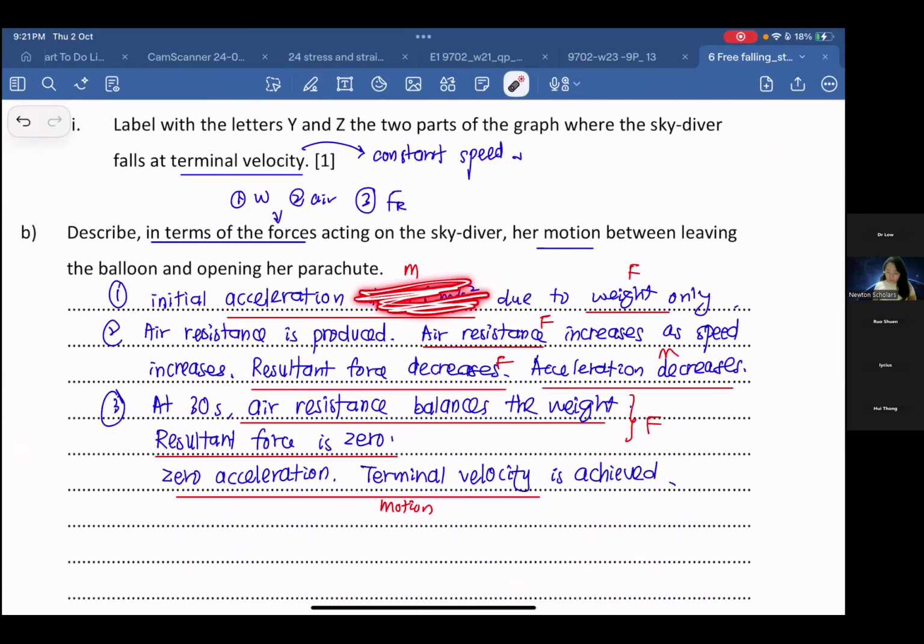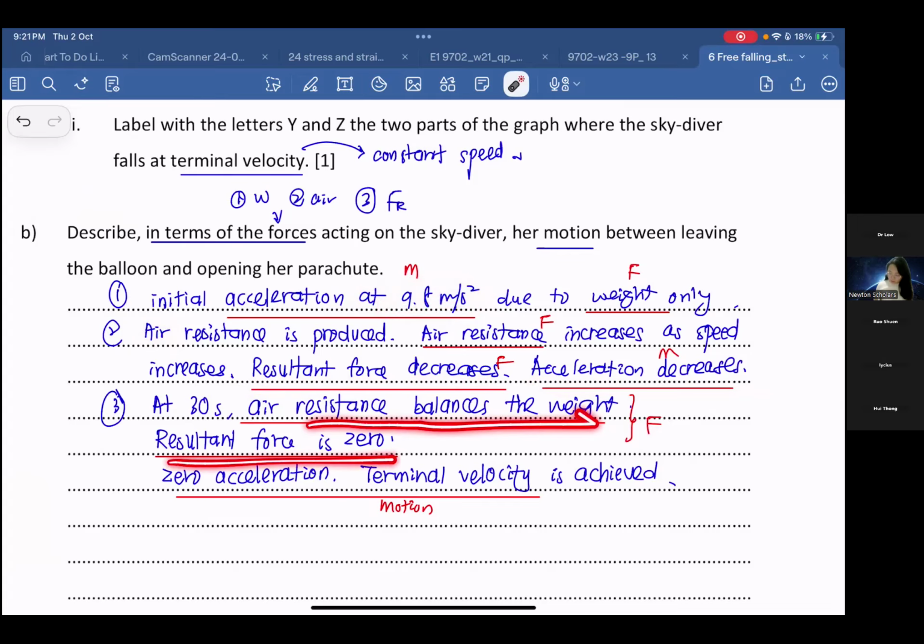Then after that, you don't say air resistance, you say resistance due to the liquid is produced. And the resistance increases as the speed increases. Resultant force decreases, acceleration decreases. Then at the end, the resistance balances the weight.